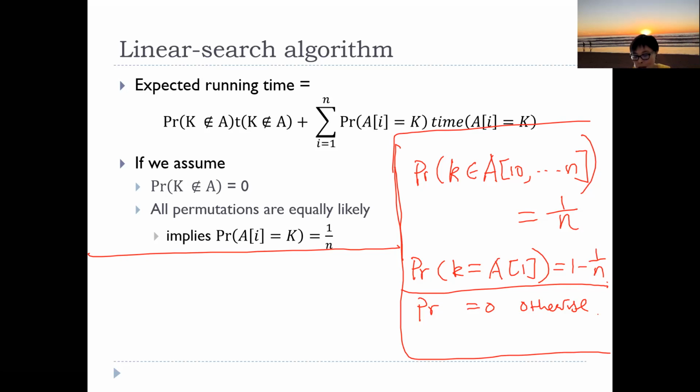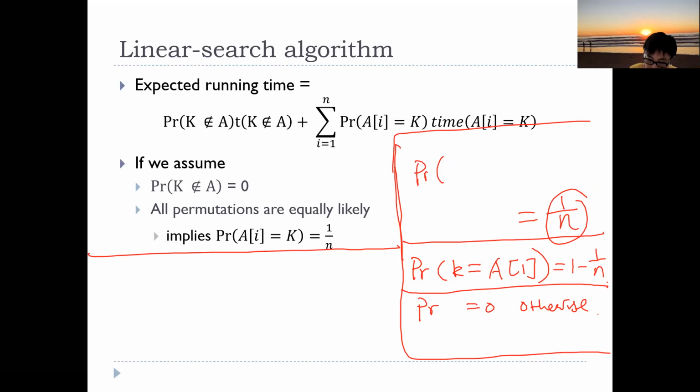And let me make this easier: the probability that k equals a_n is 1 over n. So most of the time the key you're looking for is the first element. With tiny probability, it's the last element. Otherwise, it cannot be any other element, because it's a very skewed input distribution.